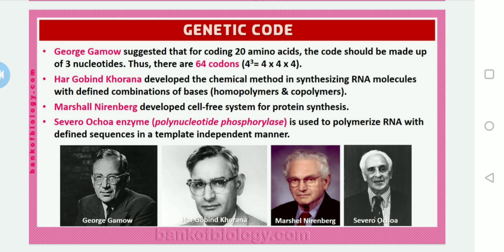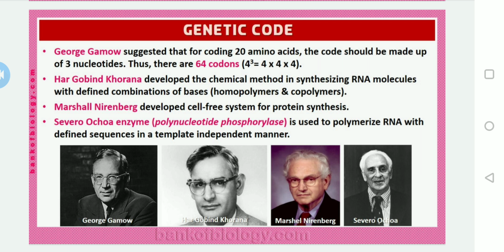When they tried to check this with respect to the genetic code, it came to be known that it is true. After that, there is a very important person, and you must have heard the name of the scientist Har Gobind Khorana. He also got the Nobel Prize for the discovery of these genetic codon sequences. He is actually Indian, but later on he moved to the USA.